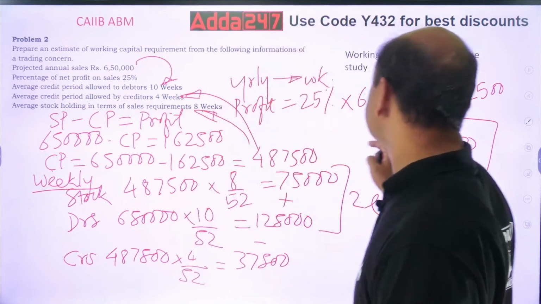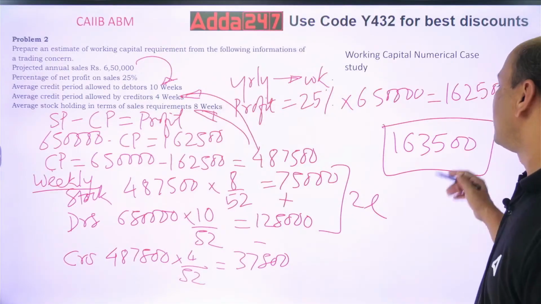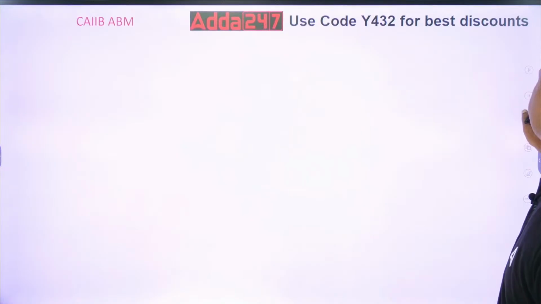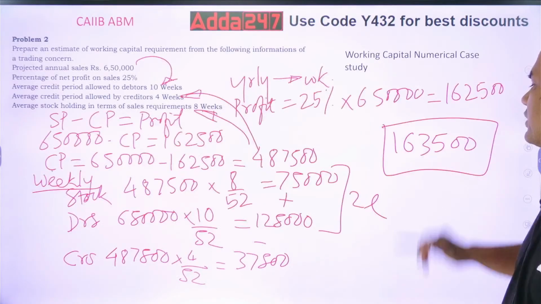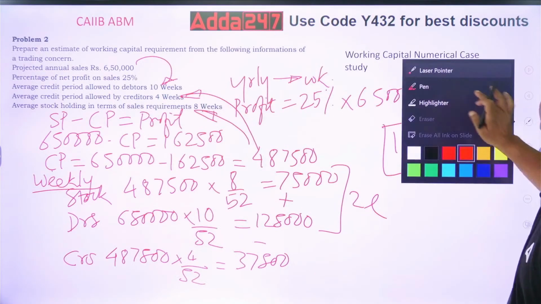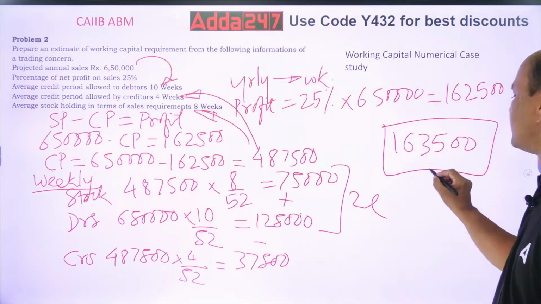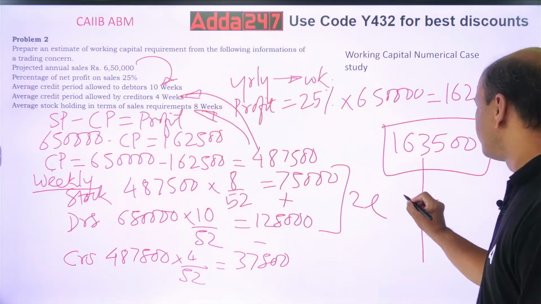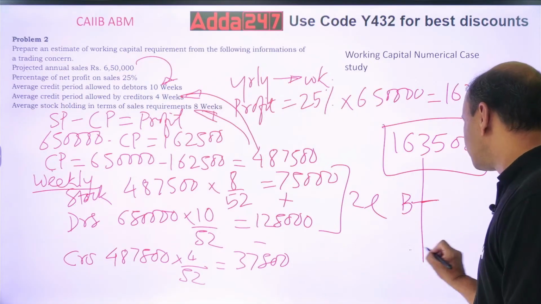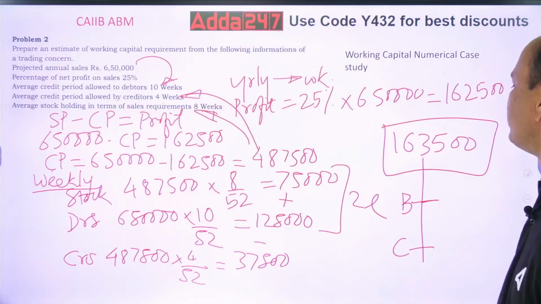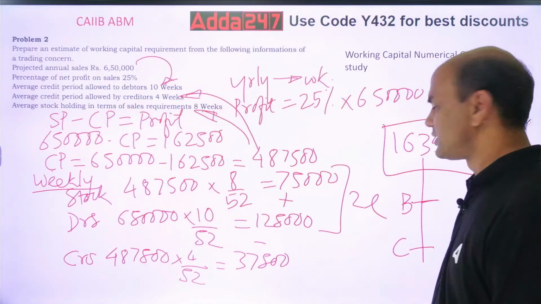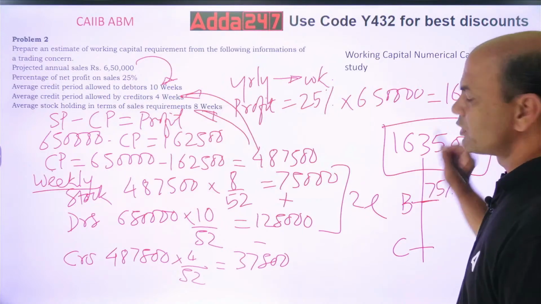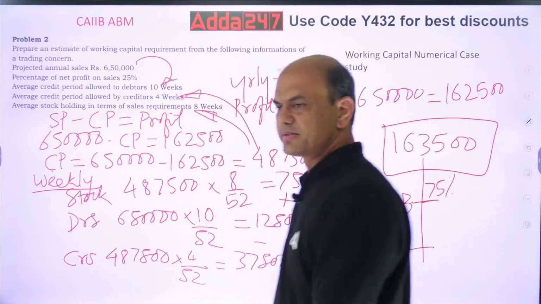Out of this 163,500, what will happen? This part I will divide into two parts: bank and customer. Bank will be 75%. Calculate 75% into 163,500. What is the answer?